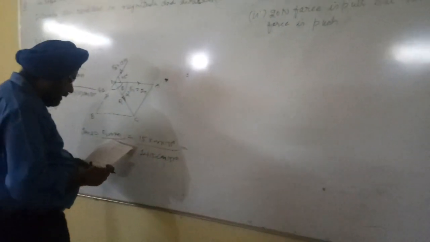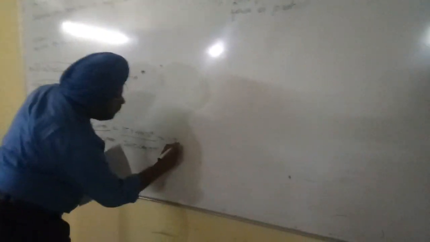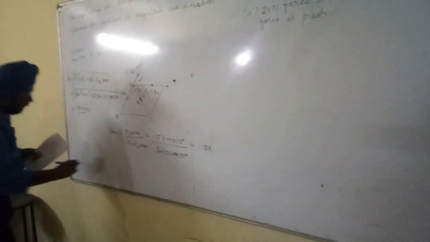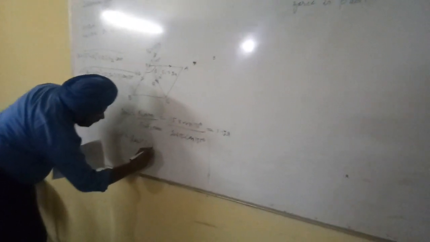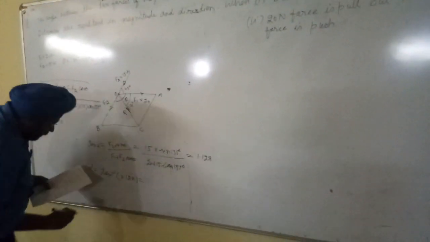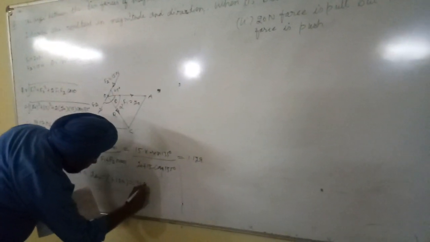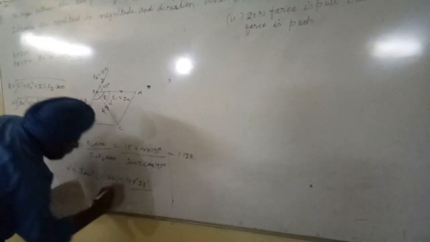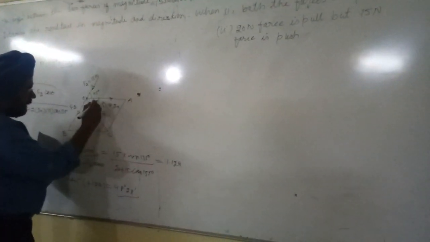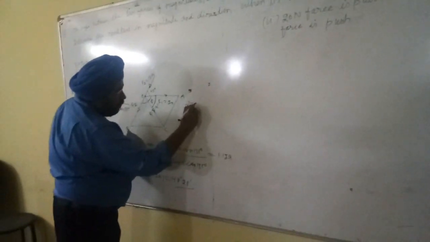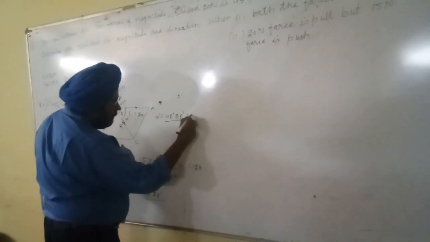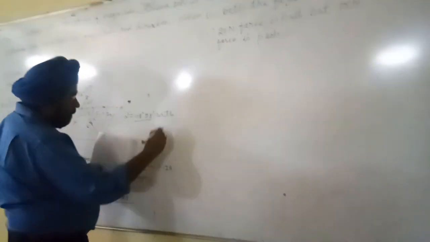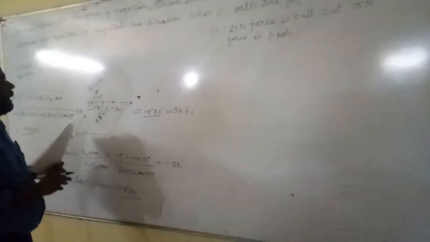So this is 1.129. So angle alpha is tan inverse 1.129, which is 48 degree 28 minutes with the 20 Newton force F1.